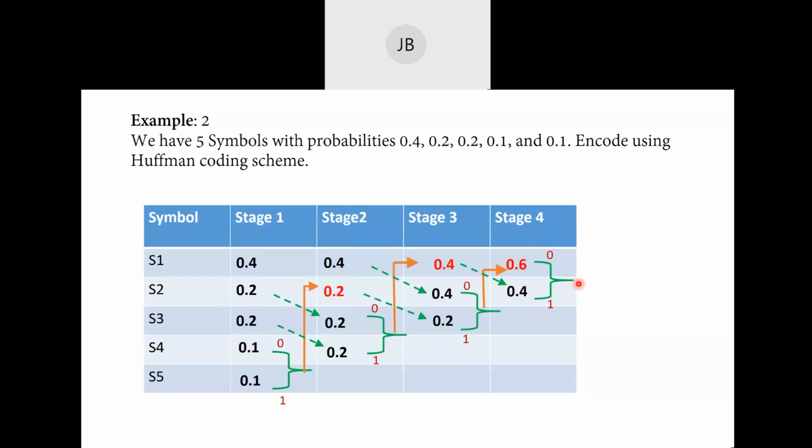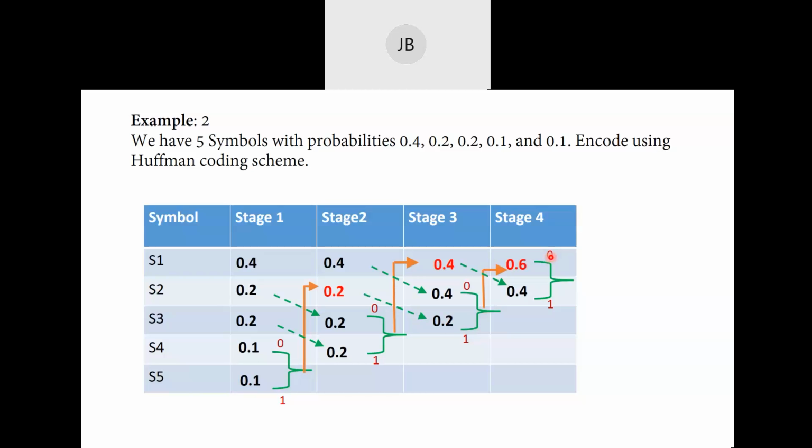Now we need to determine what will be the encoded scheme for each of these symbols. For instance, we consider S5. How does S5 get generated? From here, we generate a new value. We go here, and there is an arrow mark that indicates the path, 0.2 here, and then we go here as well as here and here.